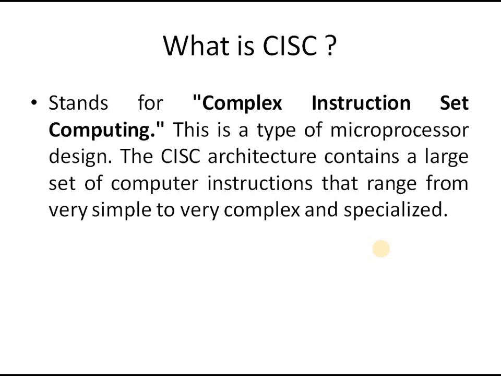CISC has the ability to execute addressing modes or multi-step operations within one instruction set. It is the design of CPU where one instruction performs many low-level operations, for example, memory storage, arithmetic operations and loading from memory.